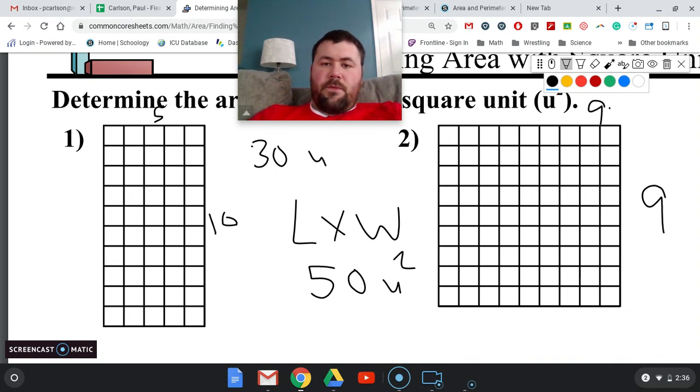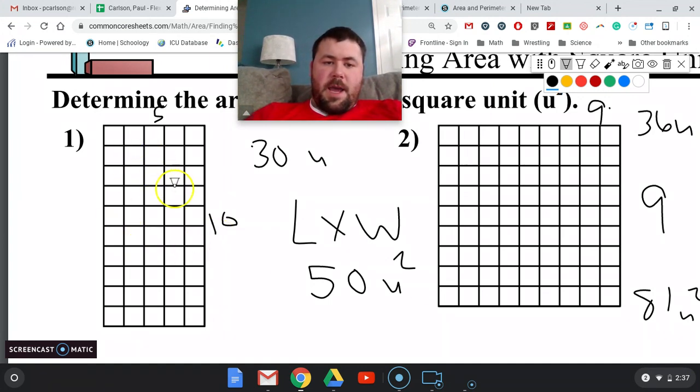Now, a shortcut for you would be to do your length plus your width, which would be 18, and multiply that by 2 to find your perimeter. So that would be 36 units. Area would be length times width, which would be 81 units cubed. Okay, so that would be an explanation of why area and perimeter are the way they are.